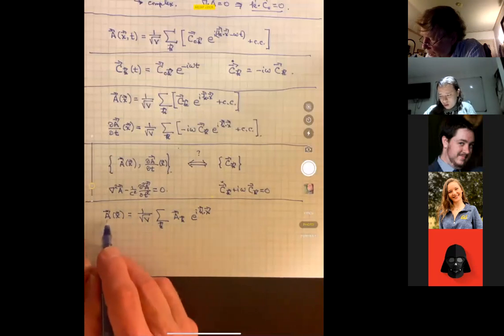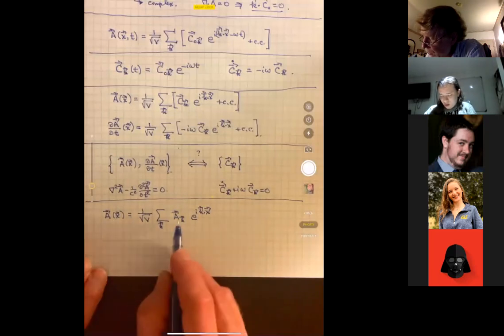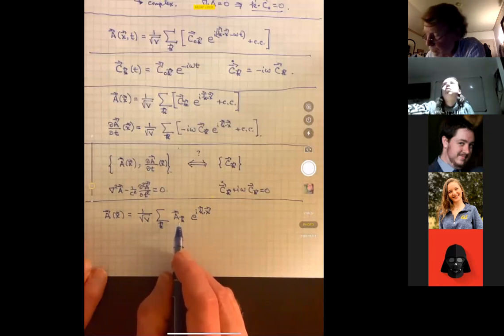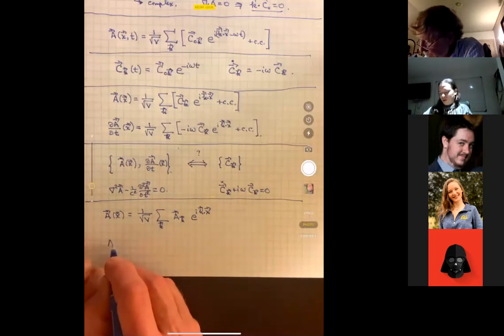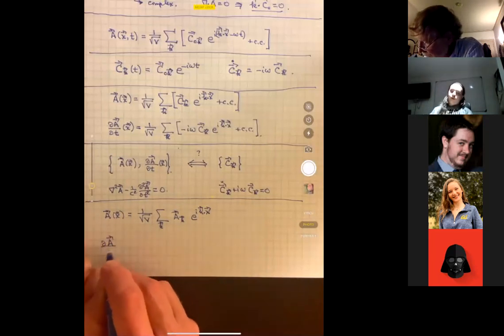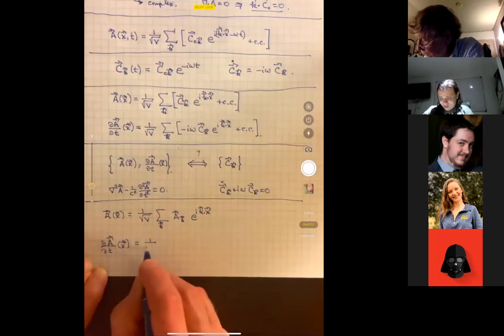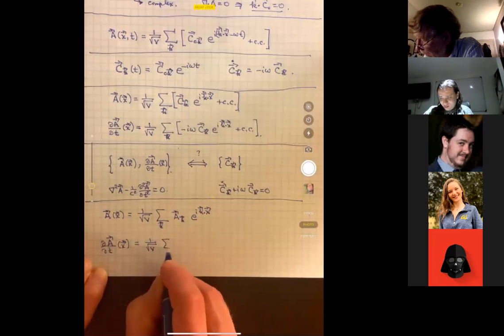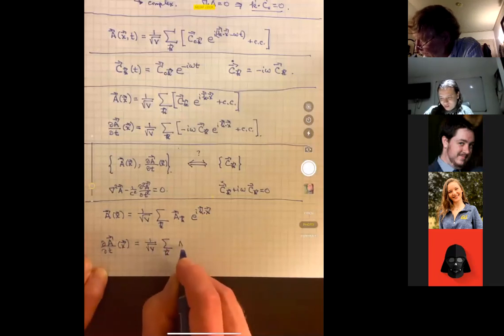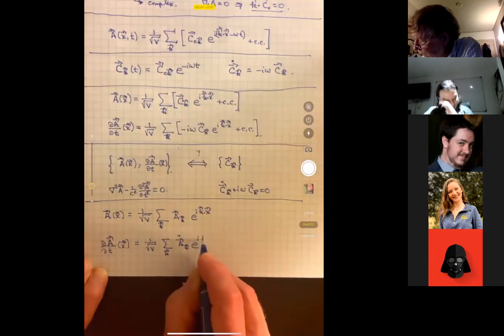Also, A of course depends on time, so the time dependence is carried by the Fourier series coefficients. You compute the Fourier series at each different time, and then the a sub k's depend on time. So the partial of A with respect to t, as a field, is given by a similar expression: 1 over root V, sum on k, of the a sub k dots times e to the i k dot x.